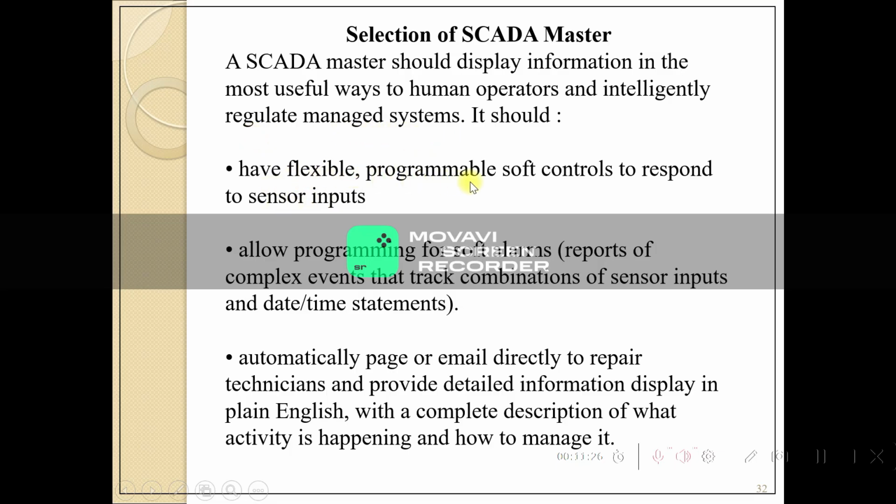Have flexible programmable soft control to respond to sensor inputs. Automate pages or emails directly to the repair technician and provide detailed information display, in the format of a complete description of activities happening and how to manage it.